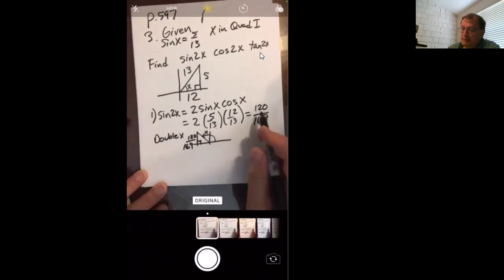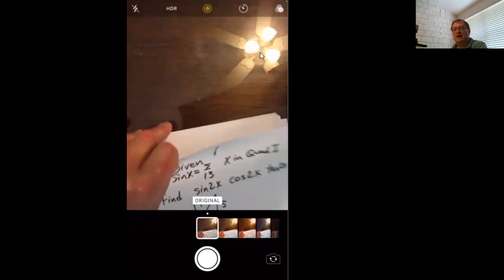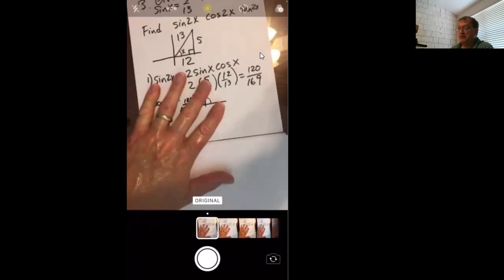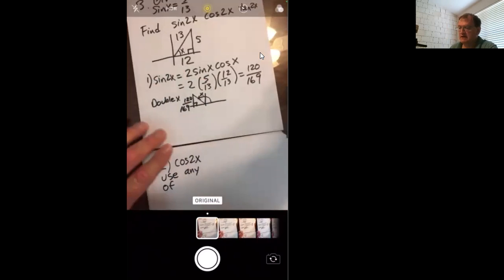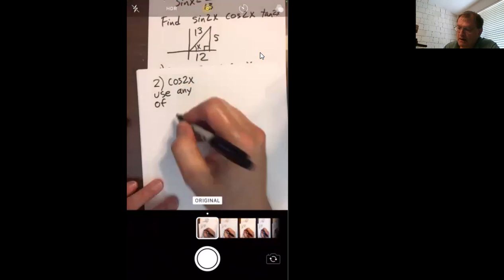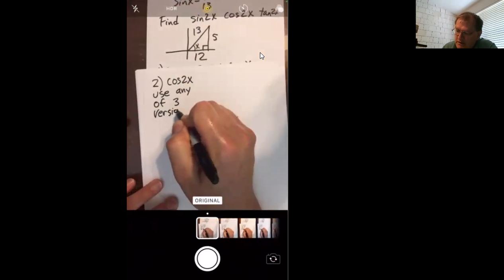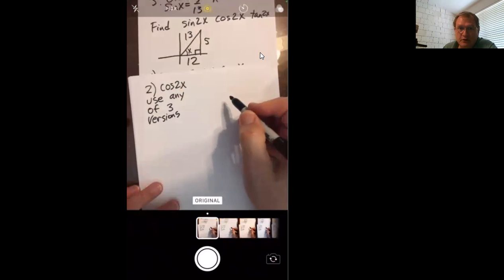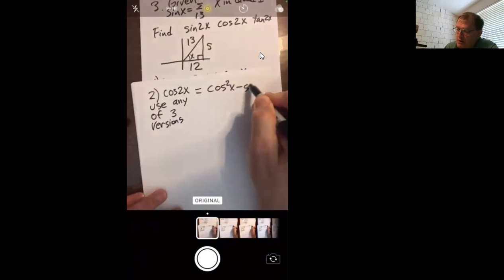You could get the decimal for it, I'd like to say as well. Let me go to the next page. We'll do cosine of 2x, and you have your choice of the three different versions. On cosine of 2x, you can use any of that picture, so leave that up. Any of three versions. All of them will give you the same answer if you work it out correctly. I guess I'll just use cosine squared minus sine squared.